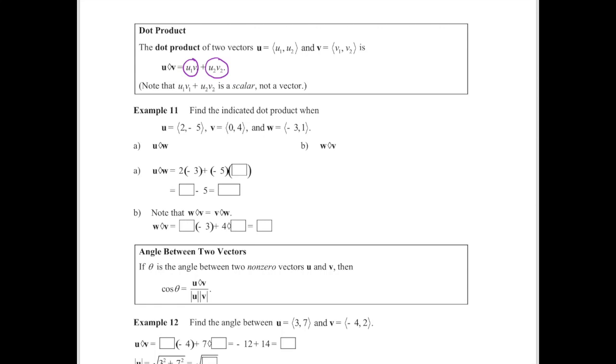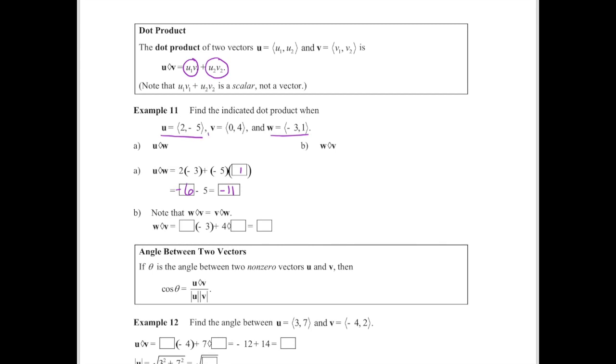So I'm going to look at u and w. I'll take 2 times -3 plus -5 times 1. Simplifying gives us -6 minus 5, or -11. Part B is asking us to find w dot v.